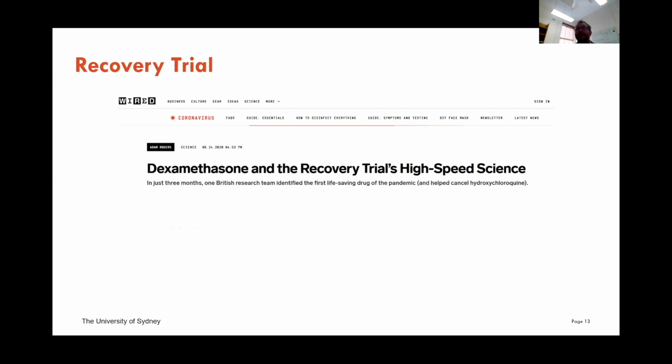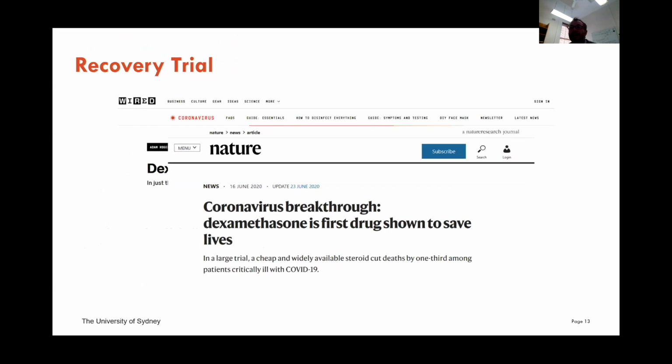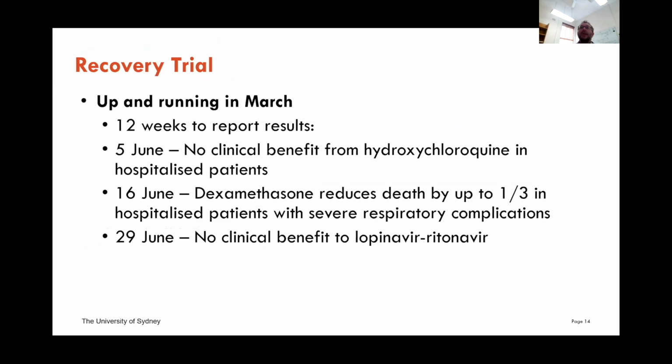And you may have seen that in the last couple of weeks, that trial is now starting to bear fruit. We had the report just a couple of weeks ago that dexamethasone, which is a steroid treatment, is actually shown not only to be effective, but to prevent death in patients who are infected with COVID-19. So on the 5th of June, they reported that hydroxychloroquine, the treatment that was widely touted by Donald Trump, was not effective.